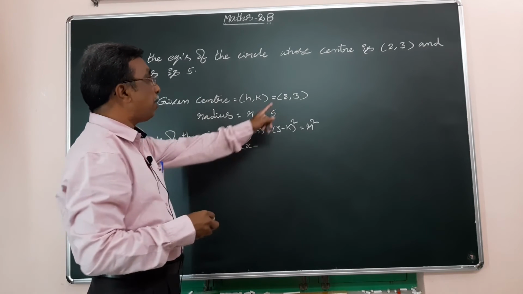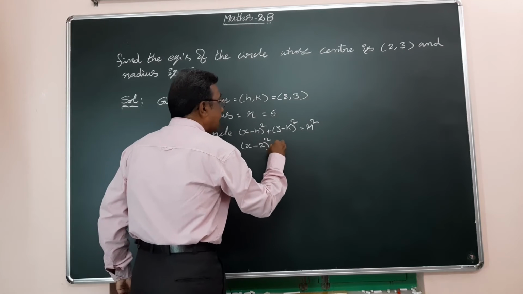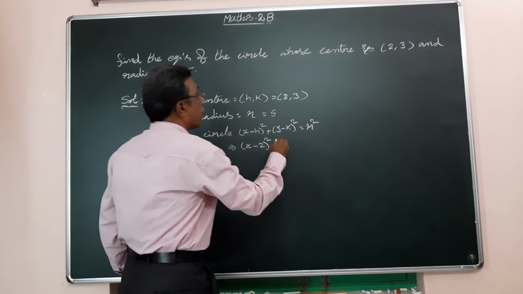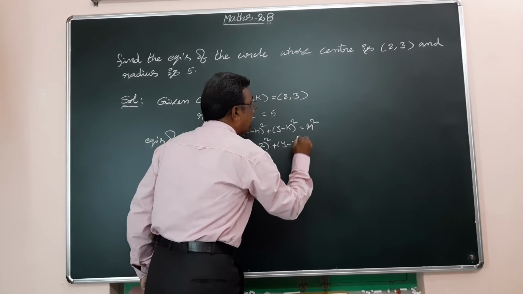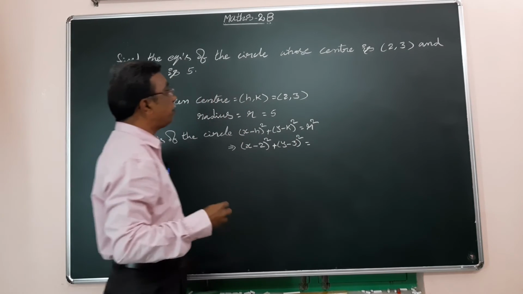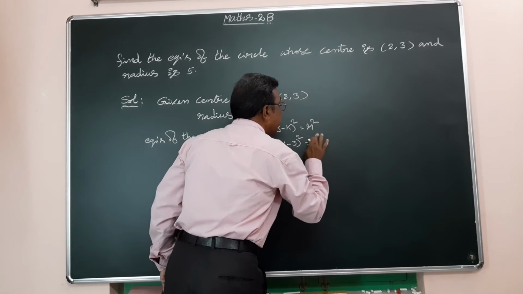What is the h value? 2. X minus 2 whole square plus y minus k. What is the k value? 3. Y minus 3 whole square equal to r square. R is 5, 5 square.